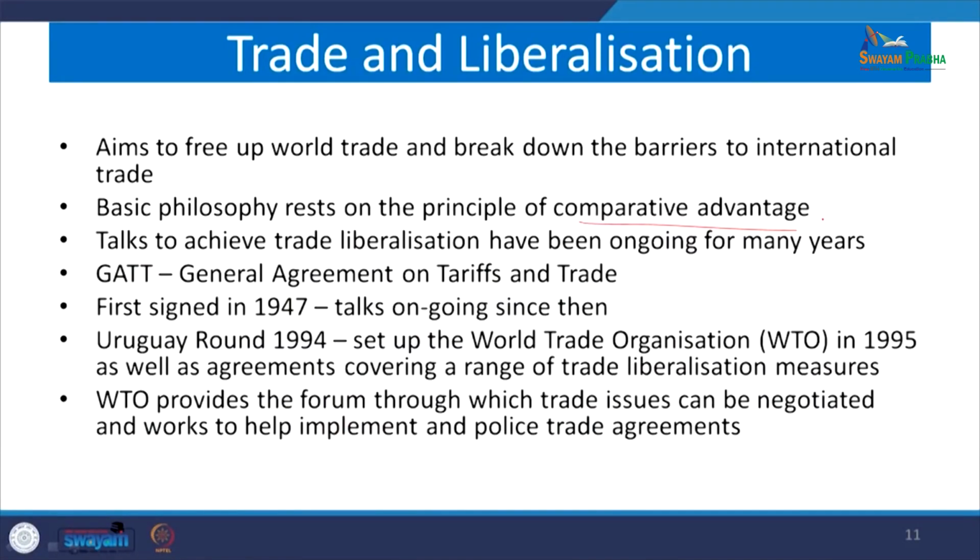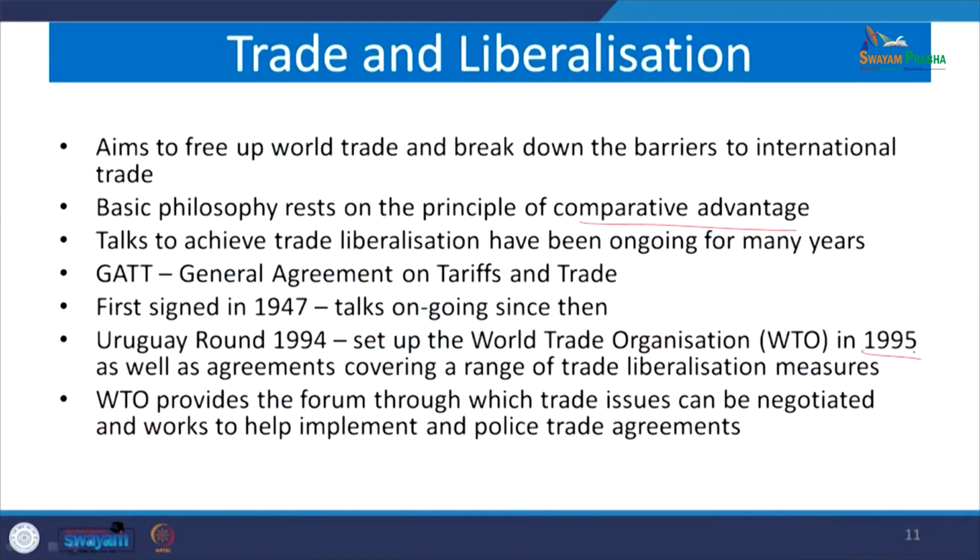Trade liberalization has been ongoing for many years, especially after GATT, the General Agreement on Tariffs and Trade, was formed in 1947, and since then, because of the Uruguay round, many platforms have been made to transact goods and commodities across boundaries. Especially it has been institutionalized and officially recognized as the WTO since 1995.